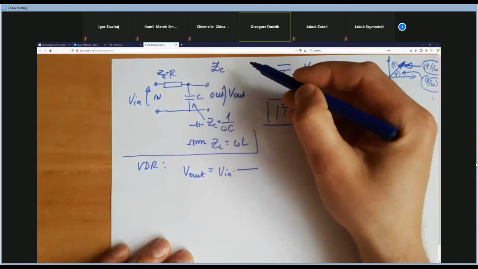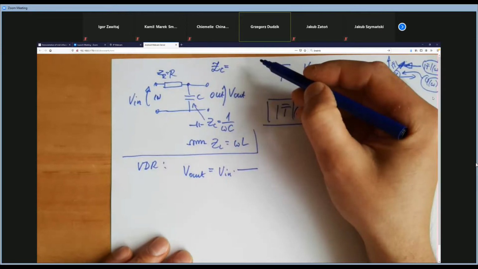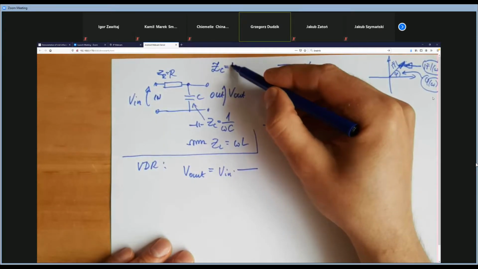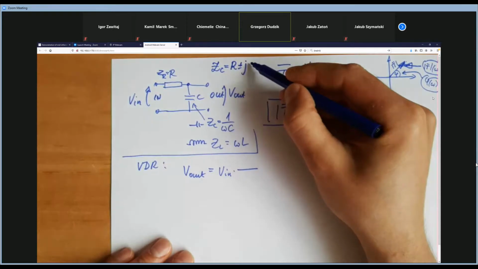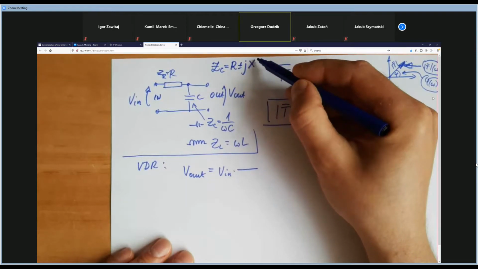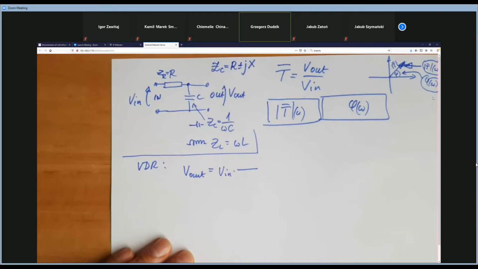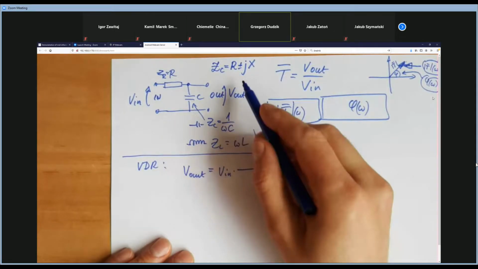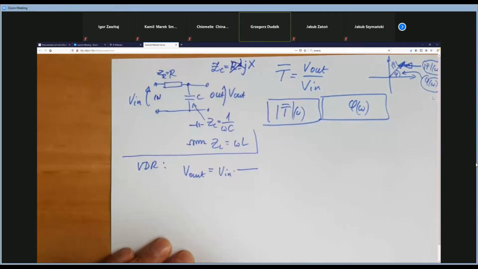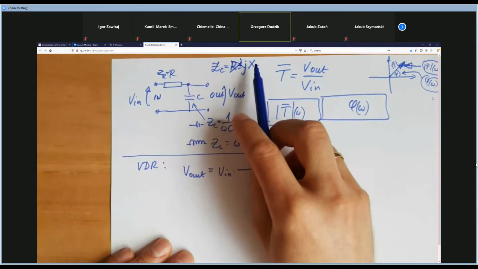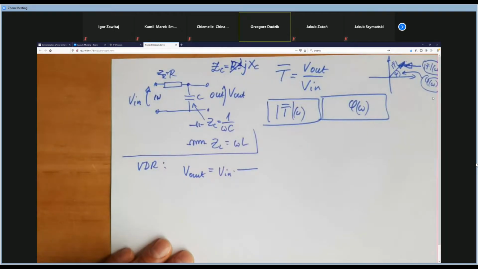The impedance of the pure capacitor, what is it? In general, it is the resistance plus or minus J X, where X is the reactance. For the pure capacitor, because there is no resistance, we've got only XC, its reactance.